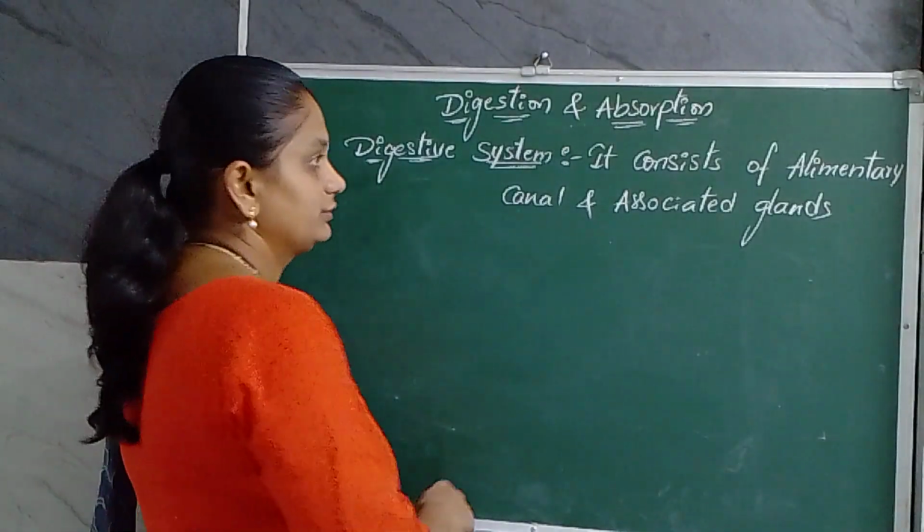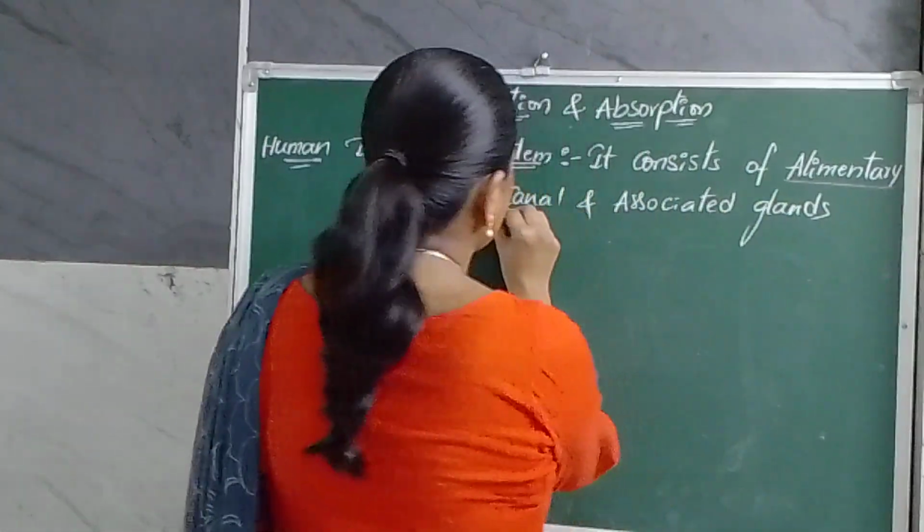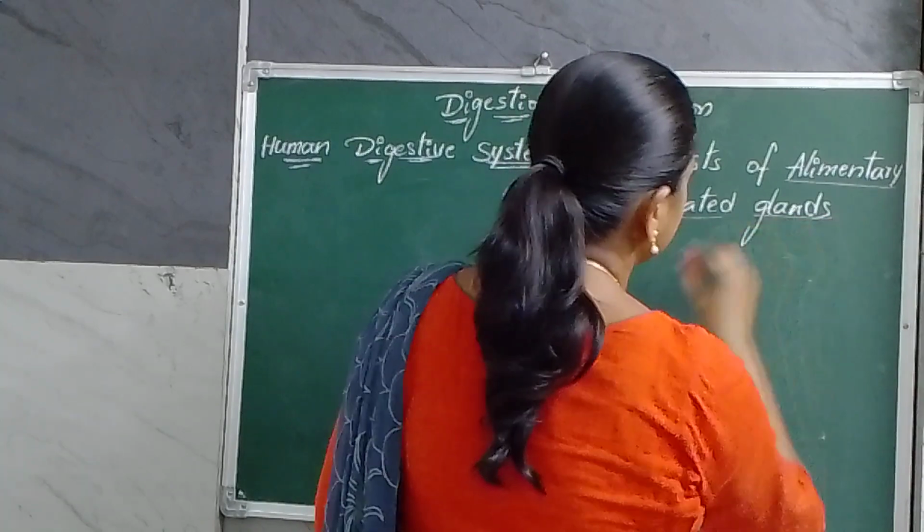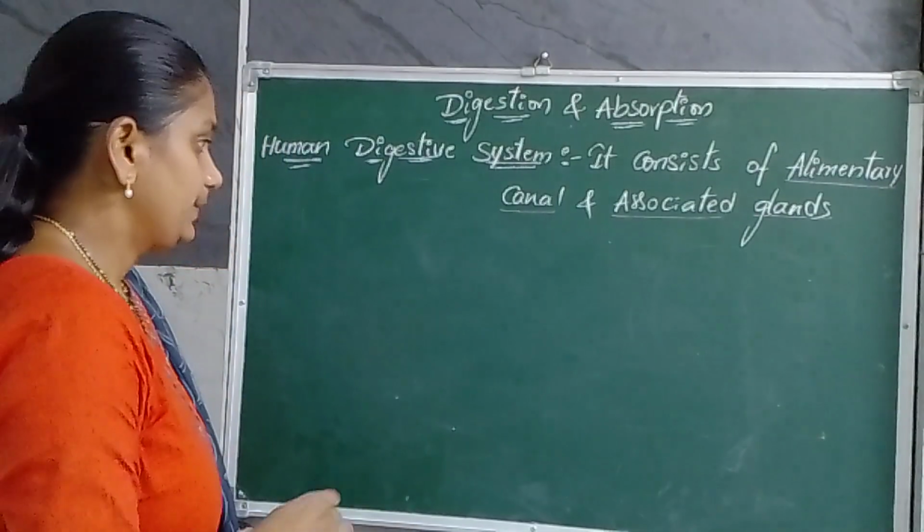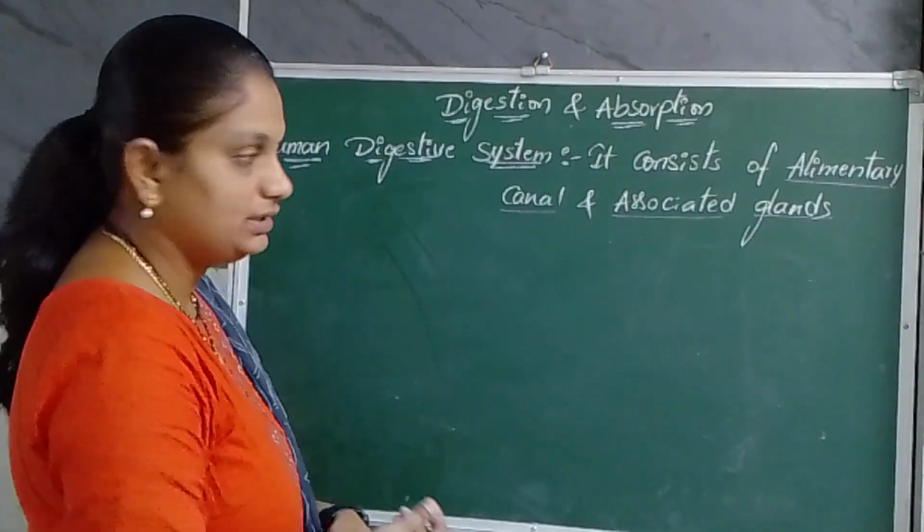It consists of alimentary canal and associated glands. So first comes the alimentary canal.